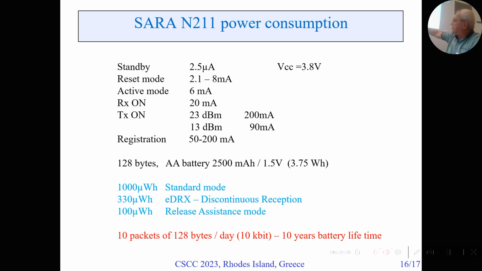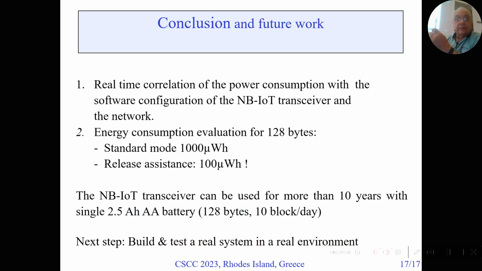And the life duration of the battery will be around 10 years. That means that this system now is very, very power efficient and can be really used for applications to transmit low quantity of data with a very, very low power consumption. And so that's the result of our work.